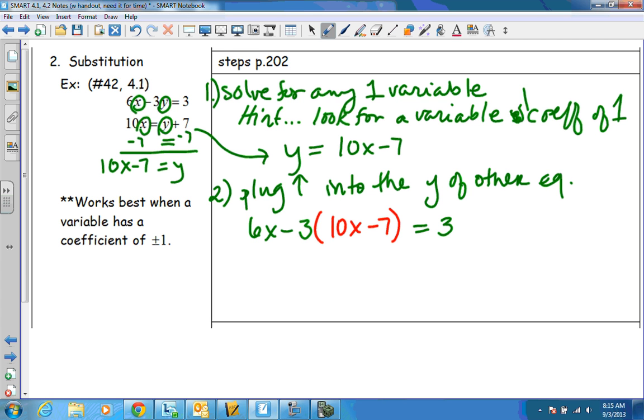Now we've got it down to one equation, one variable. Can we solve? Yes, do it. If you need help, let me know. Tell you what you should get. You got that? You're on the right track.